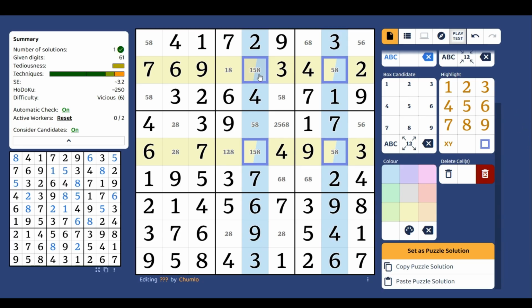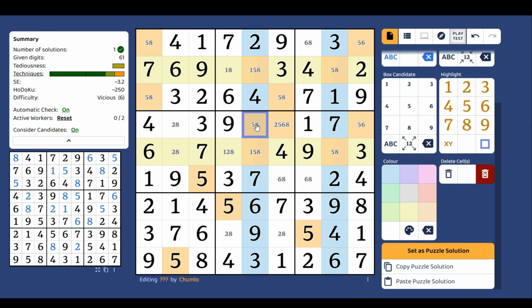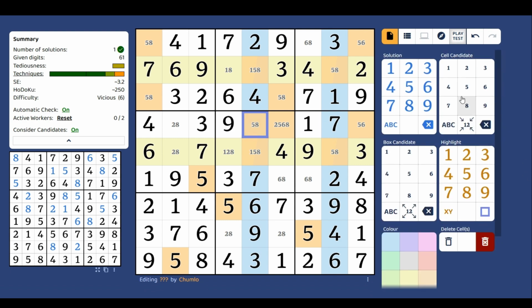And since we know that 5 must appear exactly once in each of our base sets, that means the 5 has to appear in those exact same positions in our cover sets. So anywhere in our cover sets a 5 exists that's not one of these base candidates, we can go ahead and eliminate those. So the only place that occurs is this 5 right here.